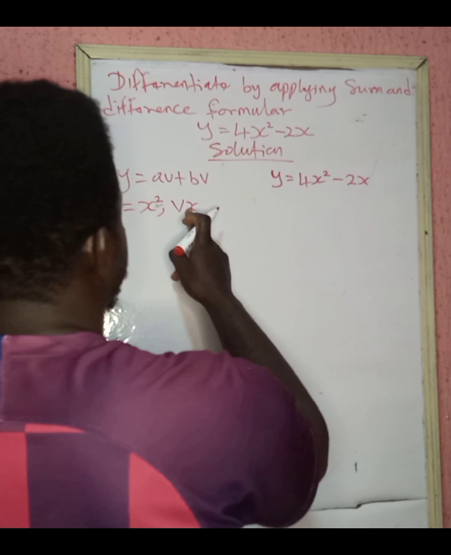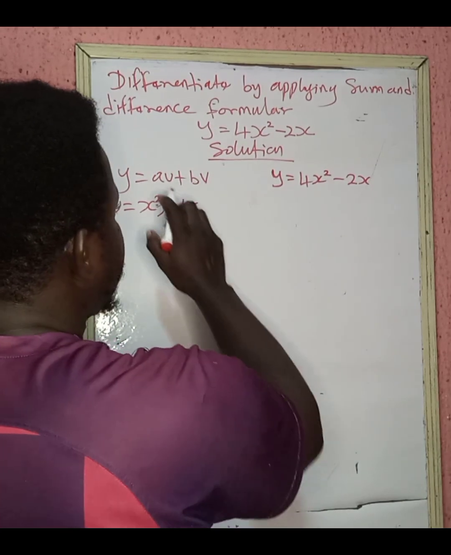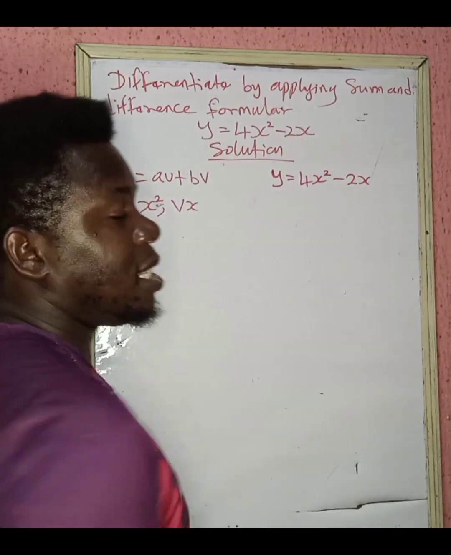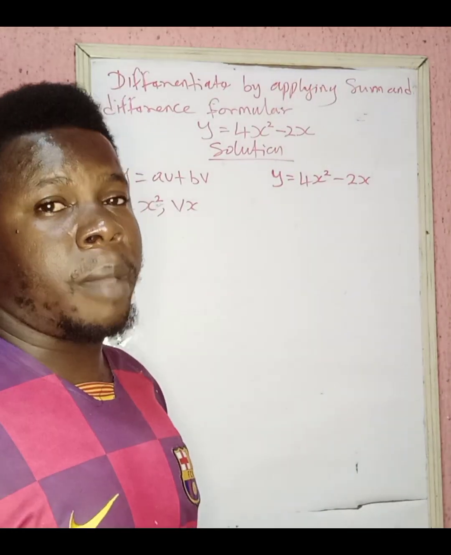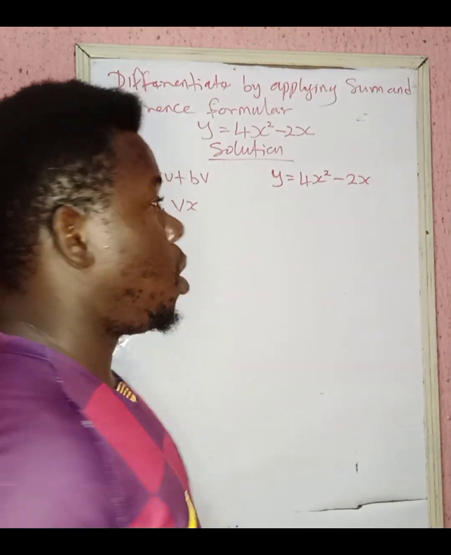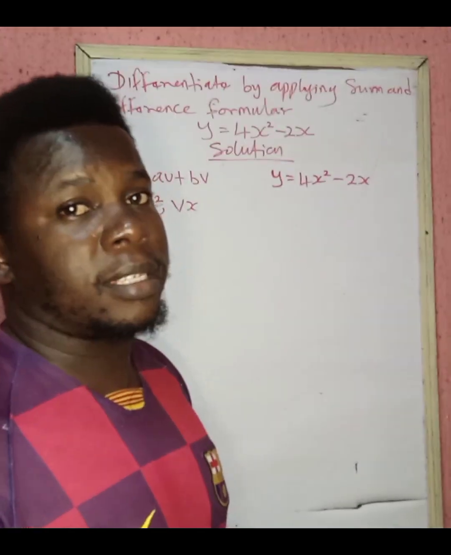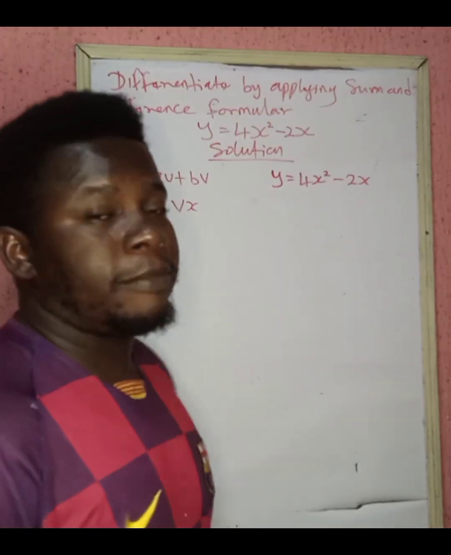With this formula, our a here is 4 and our b here is minus 2. Remember, a and b are constants, while u and v are functions of x. So let's apply the formula.